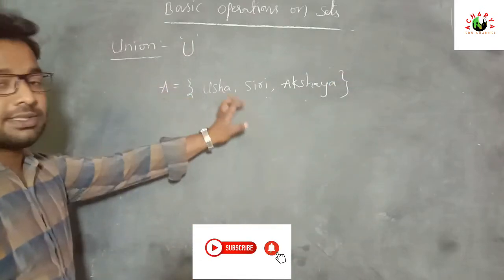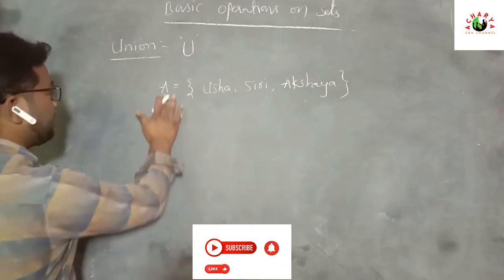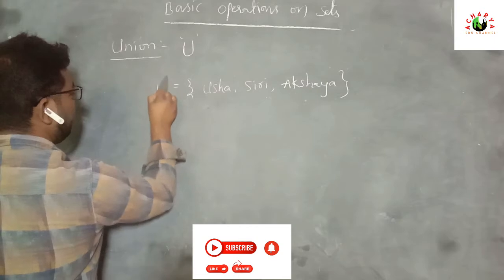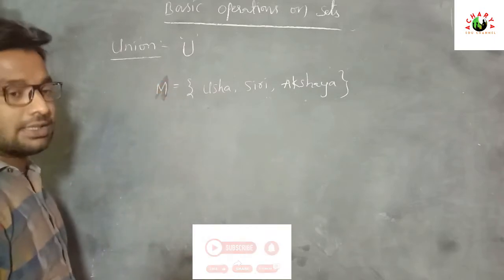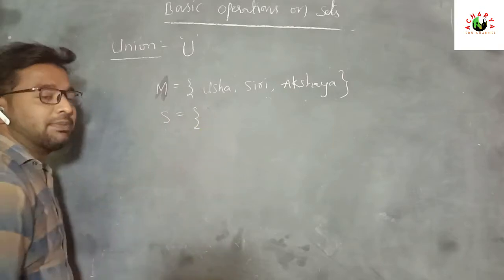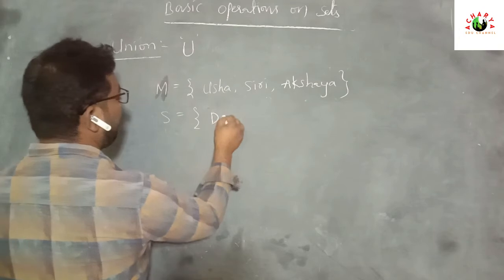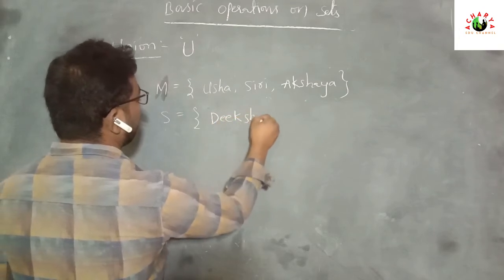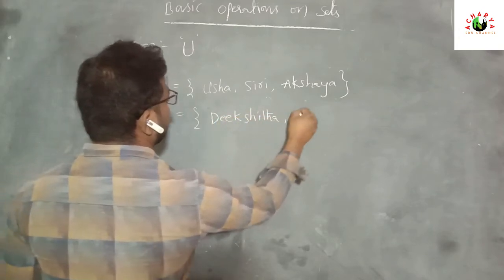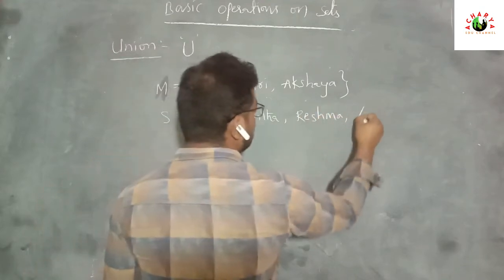These three members are toppers in maths. So we are representing the set M, for example. M is equal to Usha, Siri, Akshaya. Next, in science, the best three toppers in our 9th class: Dikshita, Reshma and Ashrita.